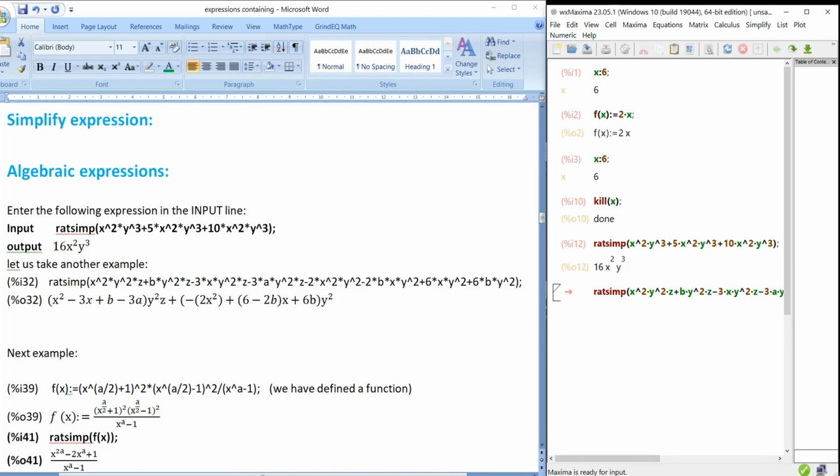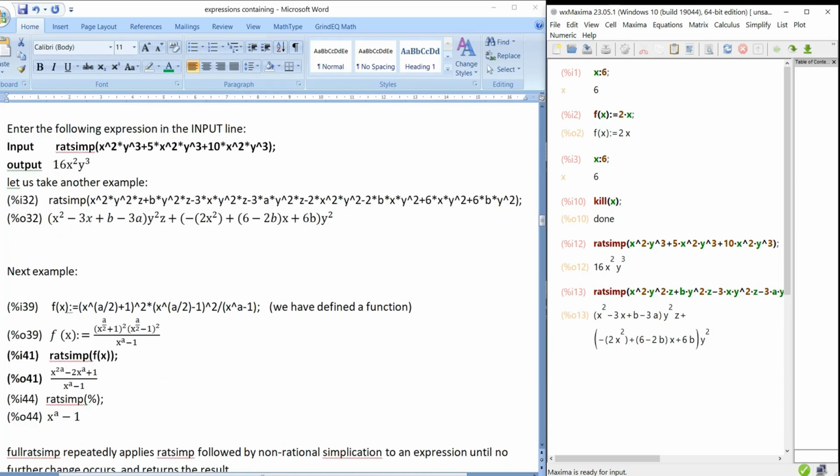A lengthy expression, children. We need to simplify it. We press shift along with the enter key. This is the answer: x square minus 3x plus this expression. So this has been evaluated by wxMaxima. Clear? We can take other examples also.